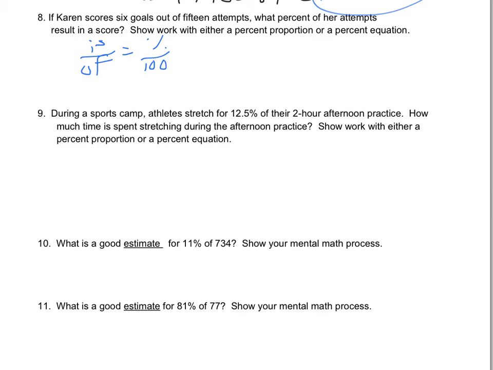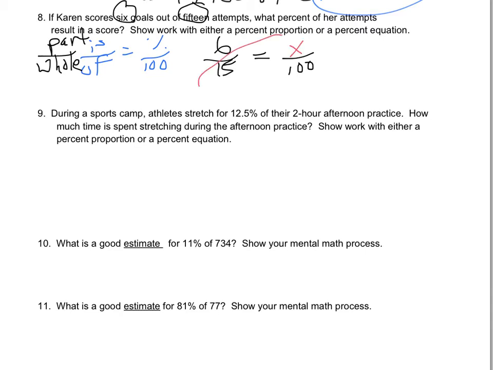So the other part, remember, it's is over of or part over whole. Okay. So in this situation, the part is going to be 6 goals out of 15 attempts equals what percent? So we don't know what percent out of 100.